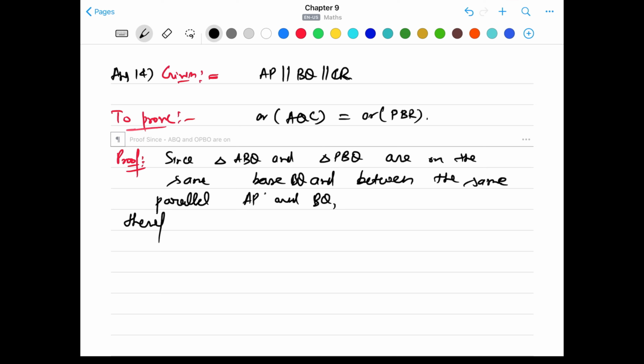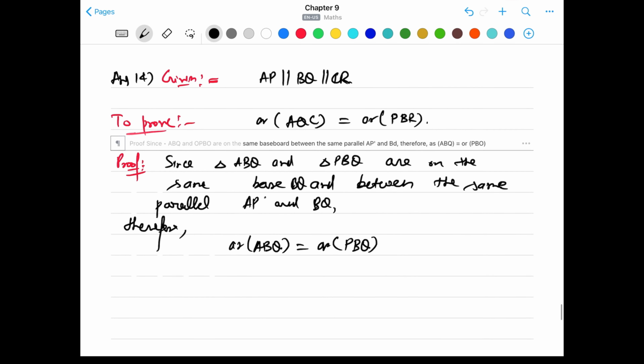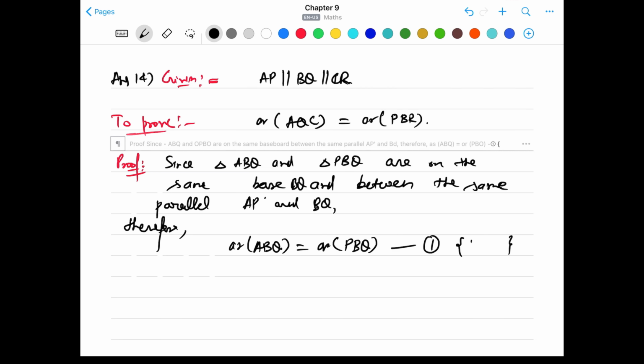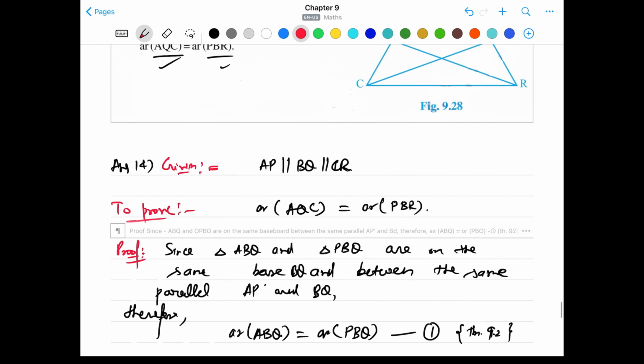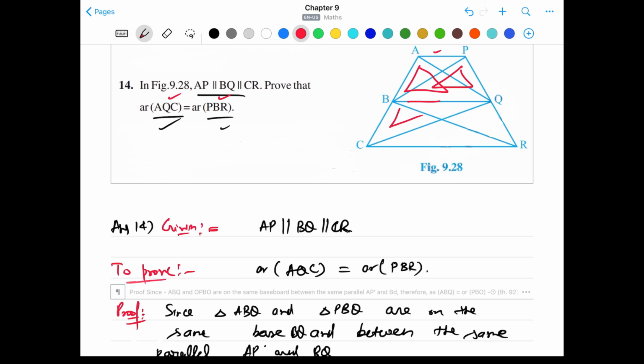Therefore the area of triangle ABQ will be equal to the area of triangle PBQ. Okay, since they are triangles on the same base and between the same parallel. Let's name it equation number 1, and this is by theorem 9.2.